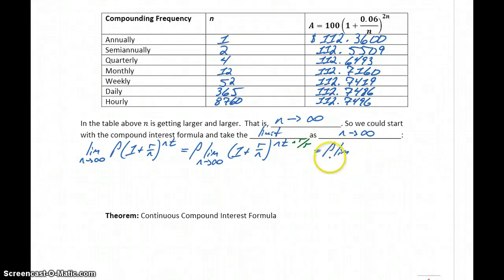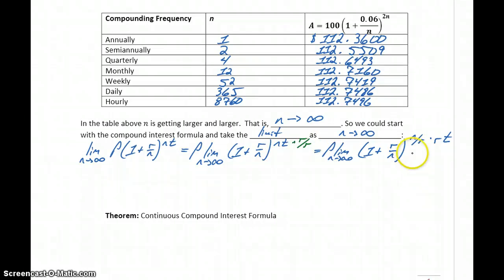So this becomes P times the limit as n approaches infinity of 1 plus r over n, and then we rewrite the exponent as n over r times rt, just rearranging the order of the multiplication.